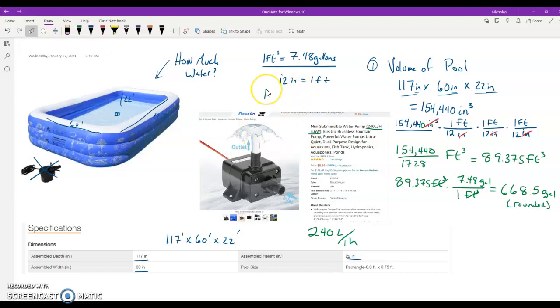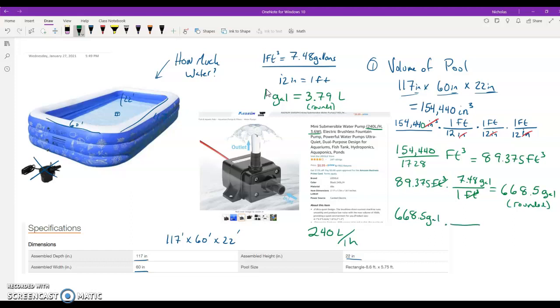Well, I know that 1 gallon equals approximately 3.79 liters. Again, on a test question, this would be provided for you. But if I have 668.5 gallons, let's convert that over to liters.